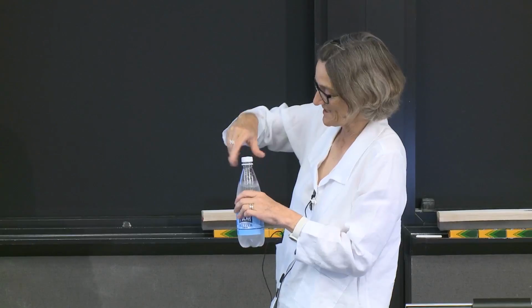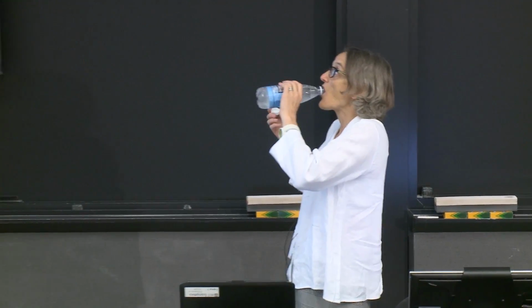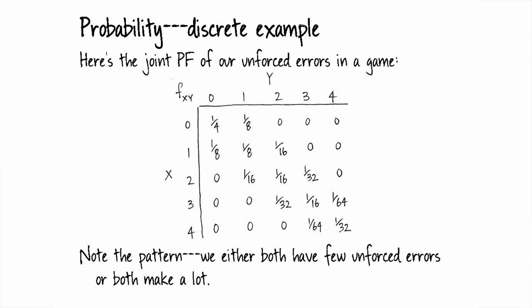Well, here's one example. I just made this up, obviously. This is not based on any long-term data that we've been collecting. Okay, so let's say x is my number of unforced errors and y is Esther's number of unforced errors.